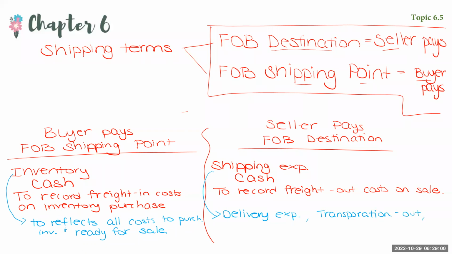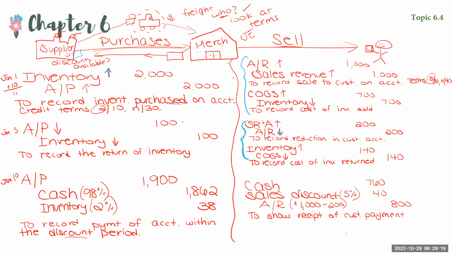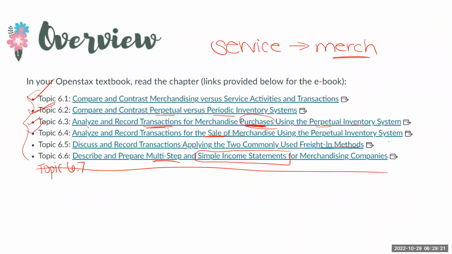Those are other names you might hear for an account, but it's going to be an expense account. It's going to appear on the income statement. All right. So now you have learned about freight costs, how to determine who pays for them, and how it's recorded. All right, good job.